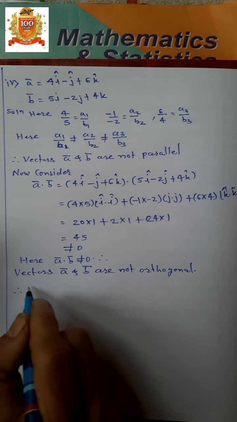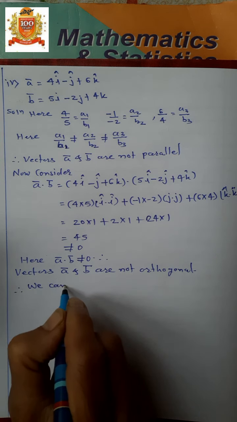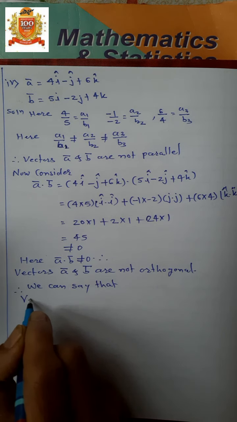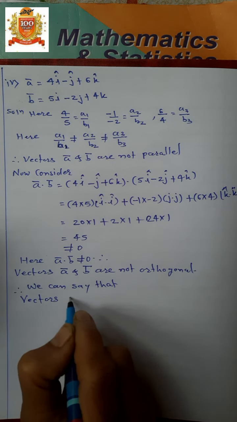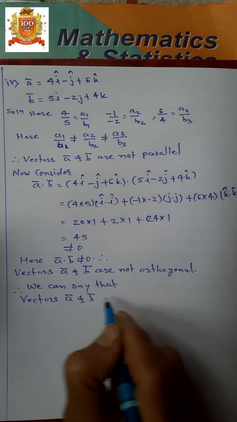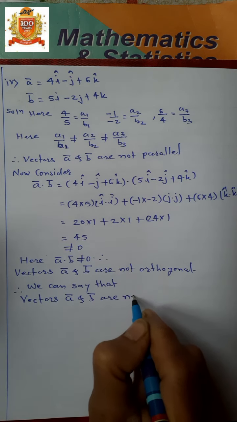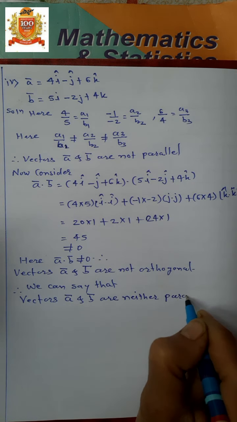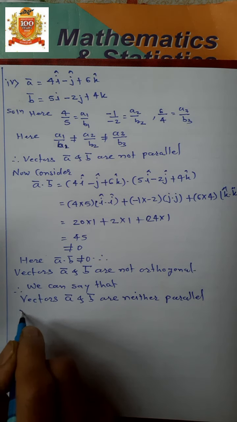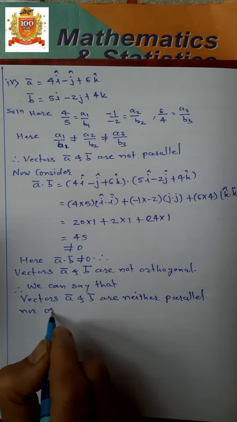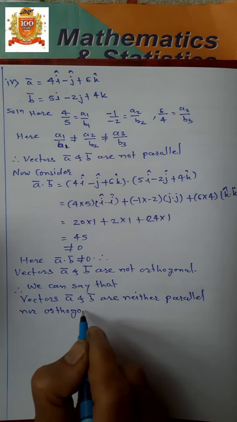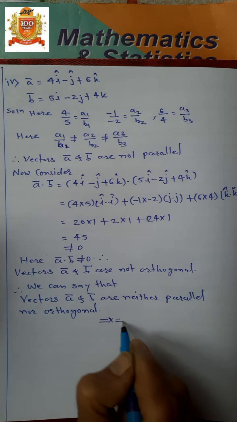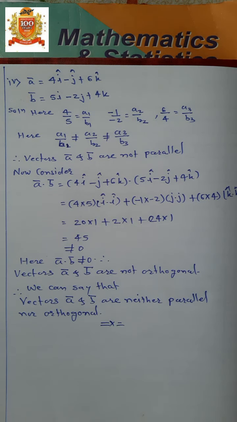Therefore, we can say that vectors a bar and b bar are neither parallel nor orthogonal. In this way, we can solve this question. Remaining questions we will see in coming video.